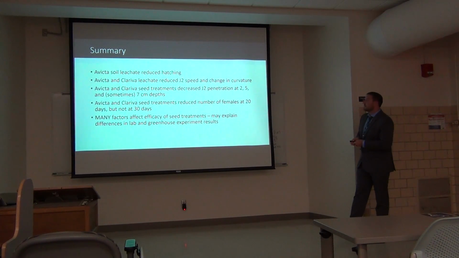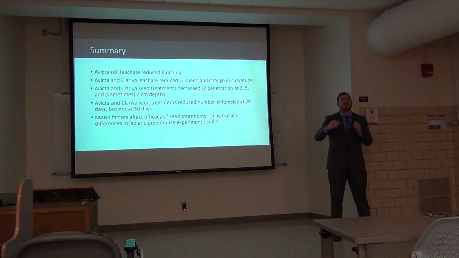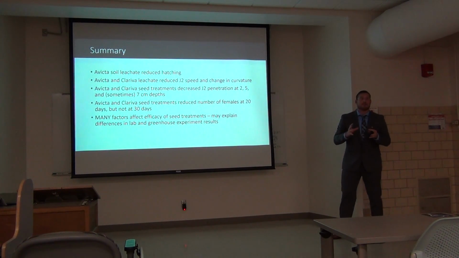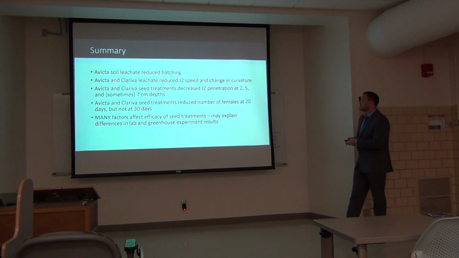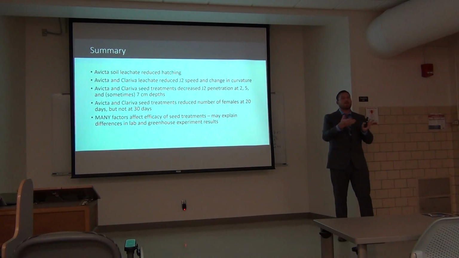And our Avicta and Cleriva seed treatments reduced the number of females by day 20, but by day 30 we saw no differences. There are many factors that affect the efficacy of these seed treatments, and we tried to explain some of those differences throughout our variety of lab and greenhouse tests.